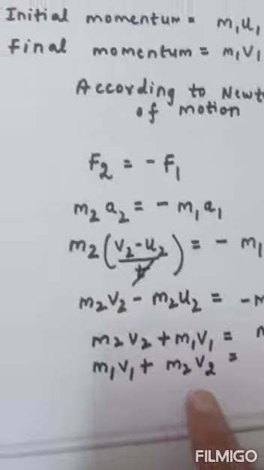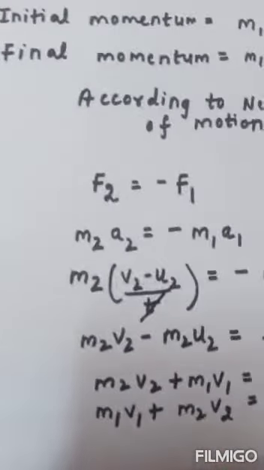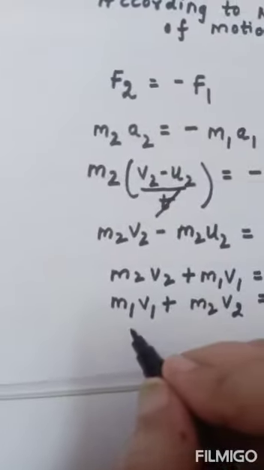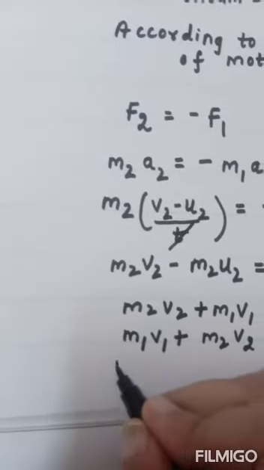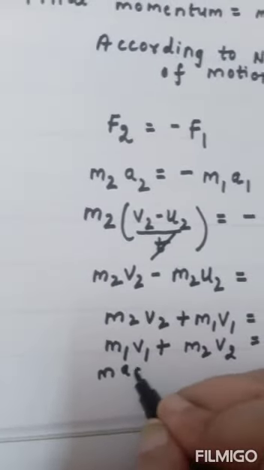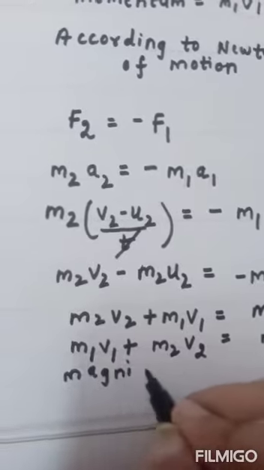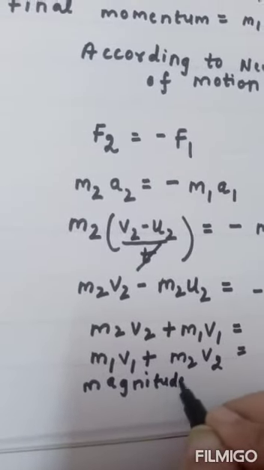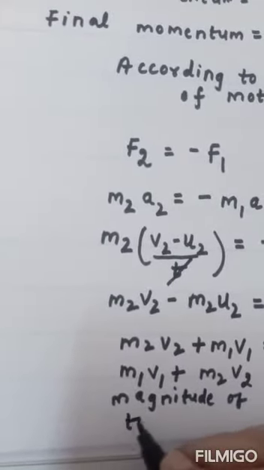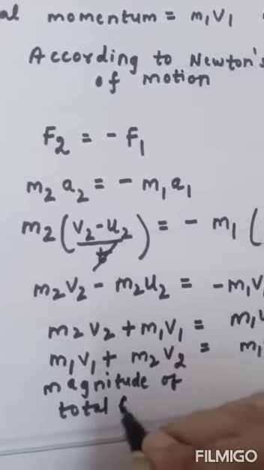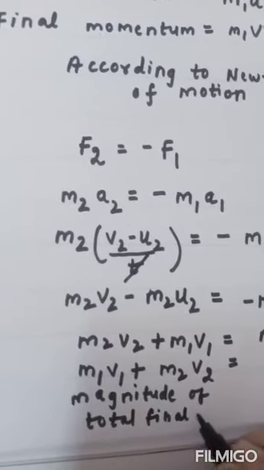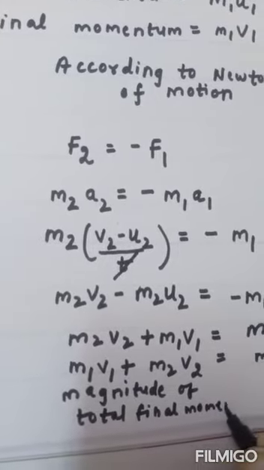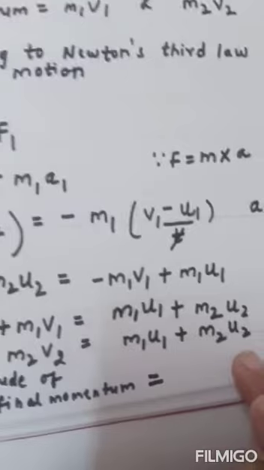What is this m1 v1 plus m2 v2? This is the magnitude of total final momentum. It is equal to, what is this m1 u1 plus m2 u2?